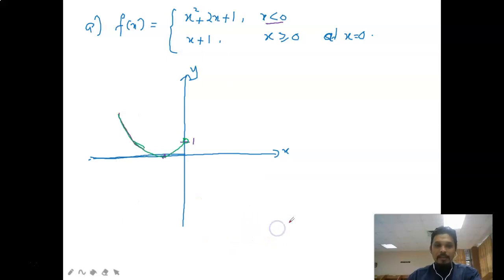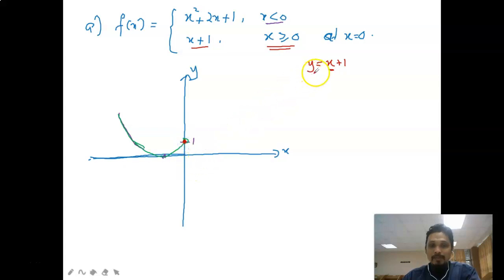And then the graph of x plus 1. Okay, let's do this one here. The domain is for x greater than or equal to 0. So let's say y equal to x plus 1, when x equal to 0, y equal to 1. (0, 1) is somewhere around here.